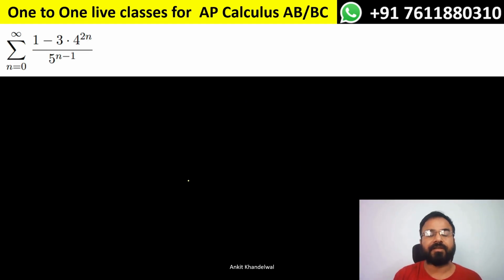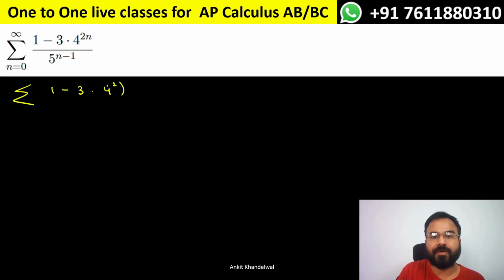Let's look at this. Again, we have to first convert into the suitable form. In the suitable form we can say this is 1 minus 3 and this is 4 power 2n. So we can write 4 power 2 and whole power of n, divided by 5 power n multiplied by 5 power minus 1.